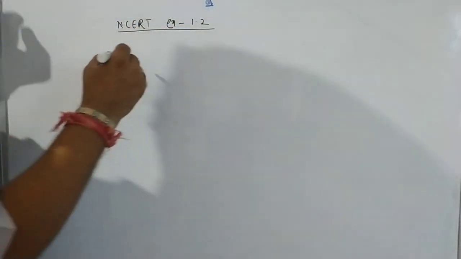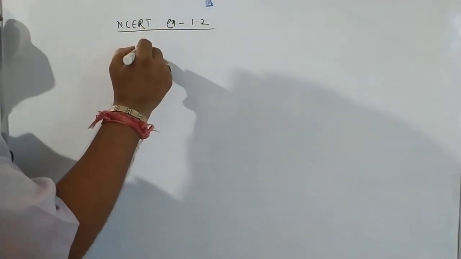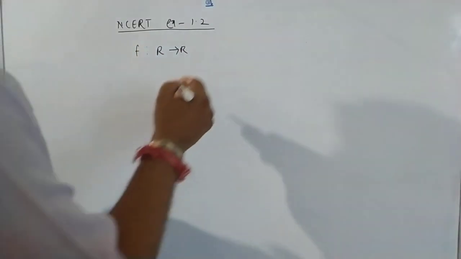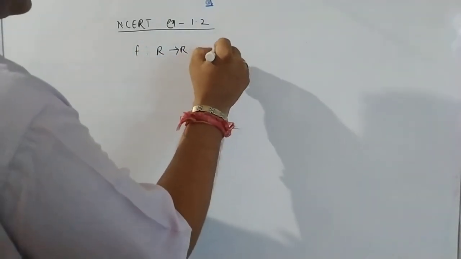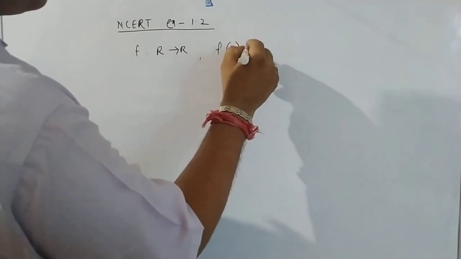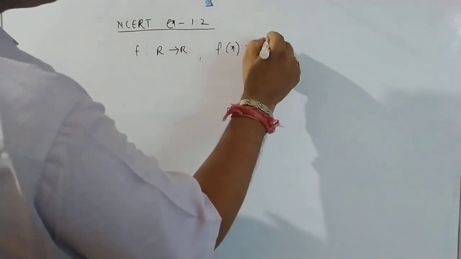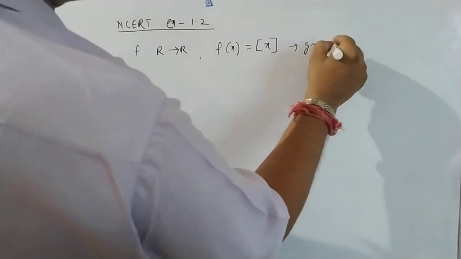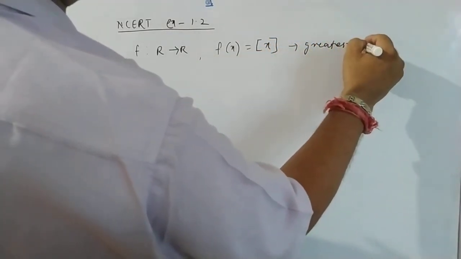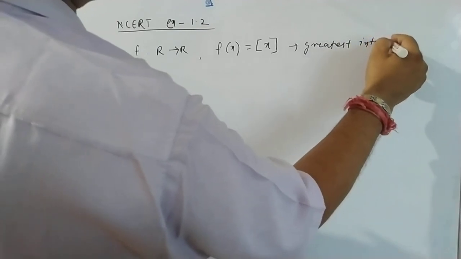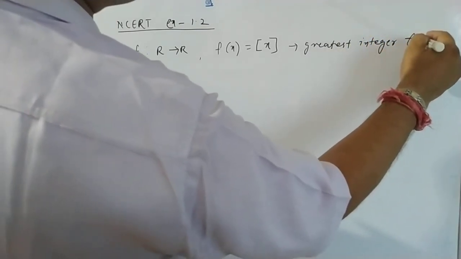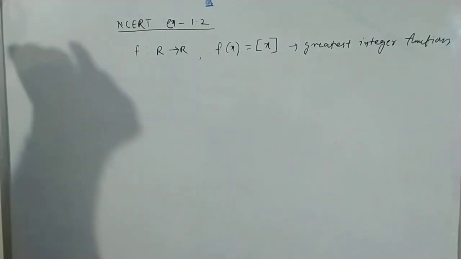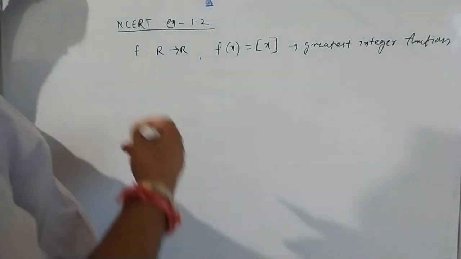It is asked that f is a function from R to R, and given that f of x is equal to the greatest integer function of x. This is called the greatest integer function. Let us check for its injectivity, surjectivity or bijectivity.